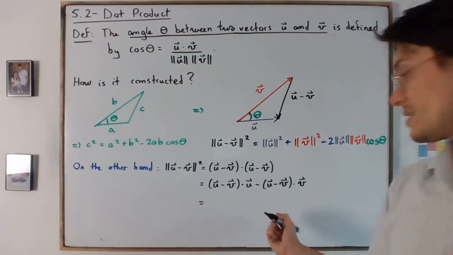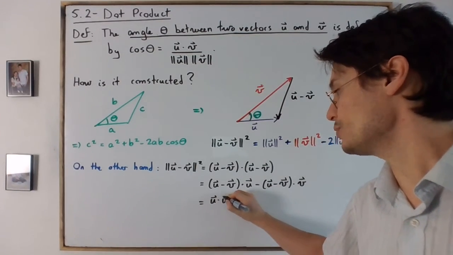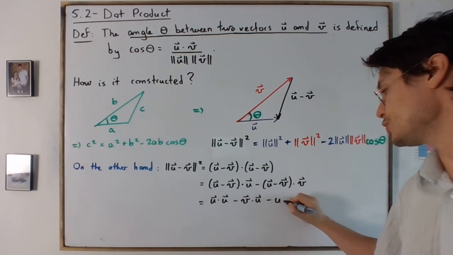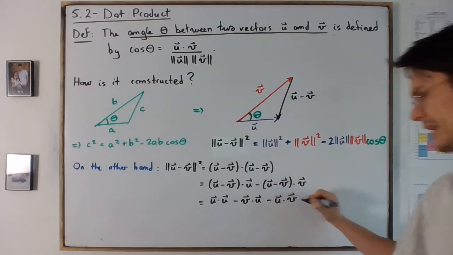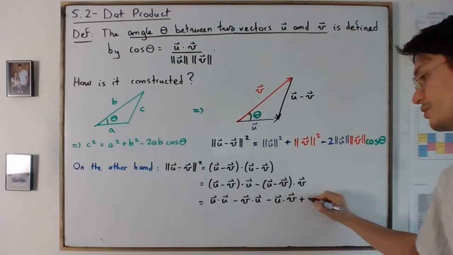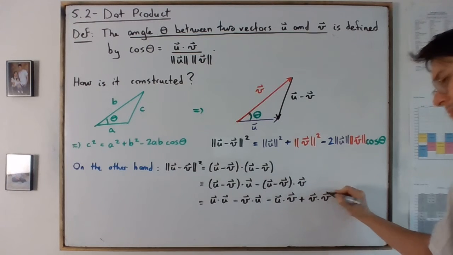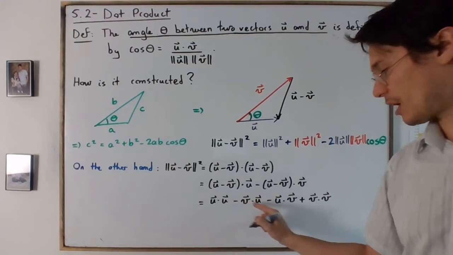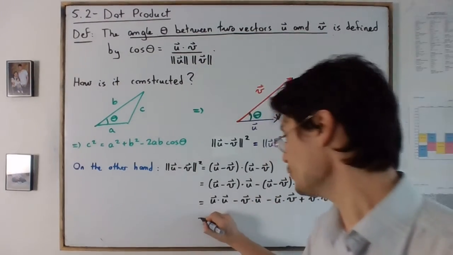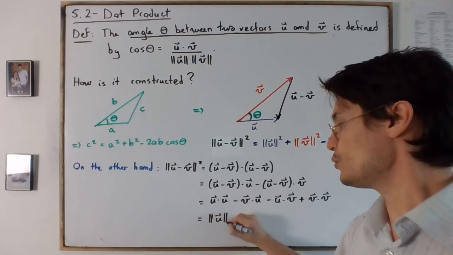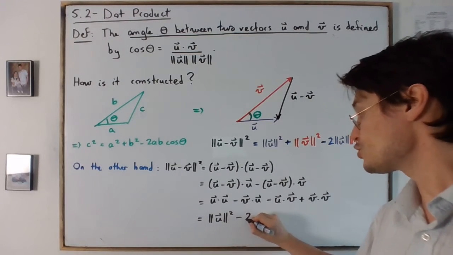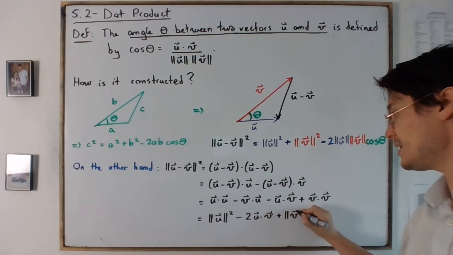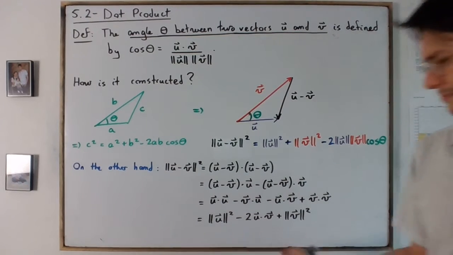So what's going to happen is I have u dot u minus v dot u minus u dot v, and then minus a minus will give you plus v dot v. Now we also use the fact that the dot product is commutative in order to write that this is going to be the norm of u squared minus 2 times u dot v plus the norm of v squared.